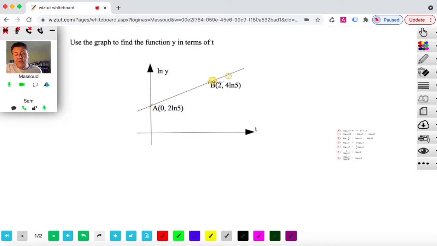Here, of course, they've given us a straight line. They have given us this point, which is the intercept point, and they've given us another point as well, which allows us to find the gradient of this line.